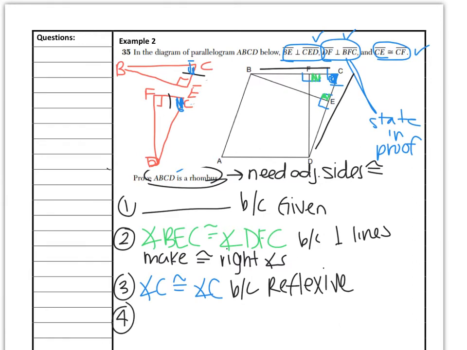So now when I look at my pictures, I am seeing ASA, already marked up. So we're going to say that those 2 triangles are congruent. Triangle BEC is congruent to triangle DFC, and that's because of ASA, angle side angle.